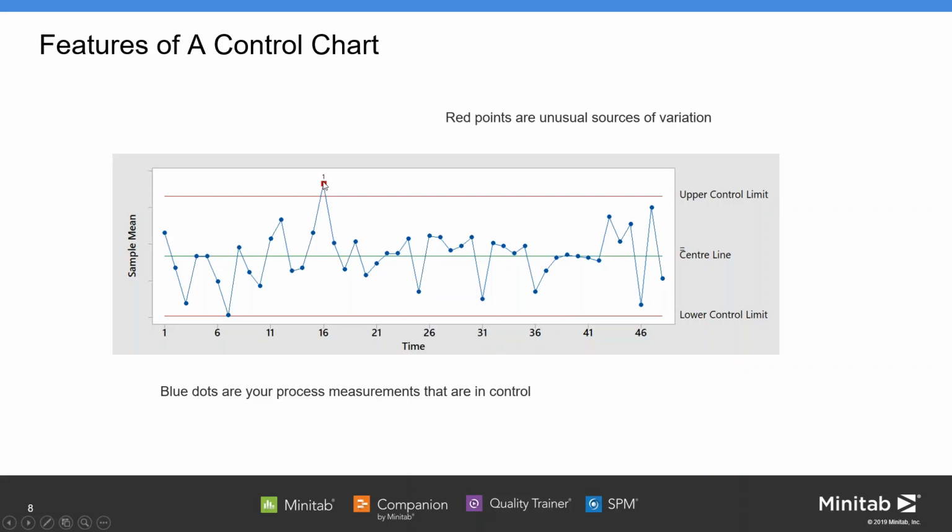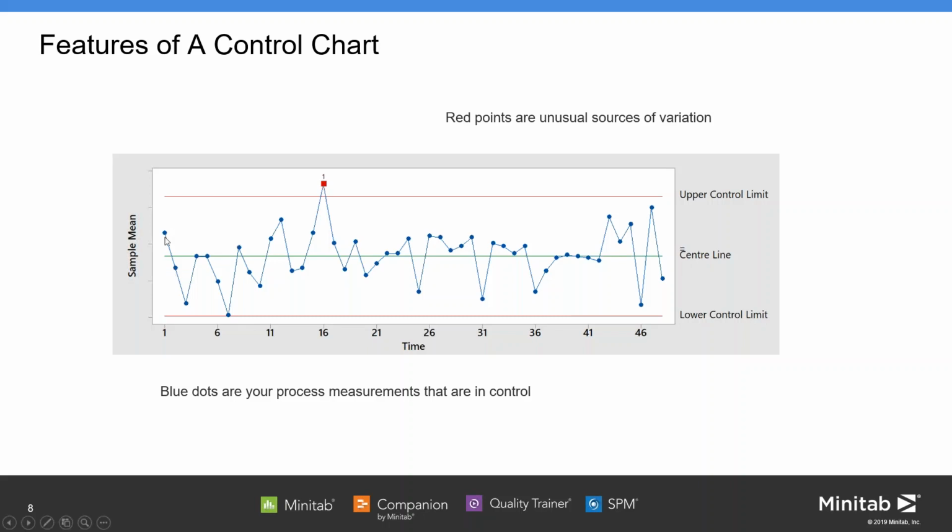Where they are red, these indicate sources of unusual variation. You will also see there is a green line on your chart. This is the average, the total average for your process, the data we've collected. And the red lines are our upper and lower control limits, which are typically calculated from our data.